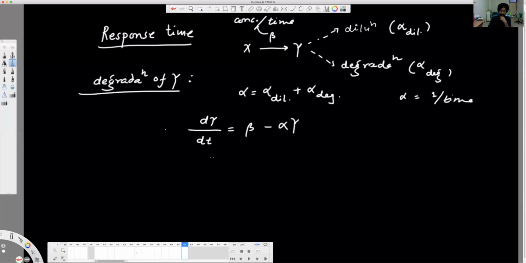Okay, so now at steady state, let us say y was at steady state. Then we can write the equation accordingly: beta minus alpha y at steady state. It has reached a steady state. So this is not the rate of degradation. This is the rate of change in y, because degradation will start once we remove beta.